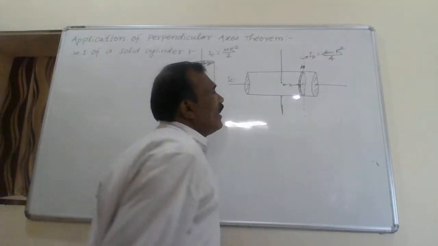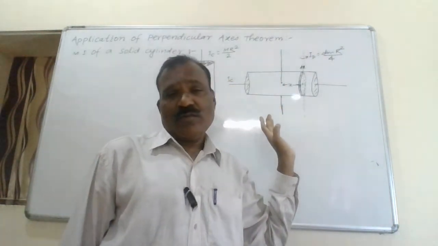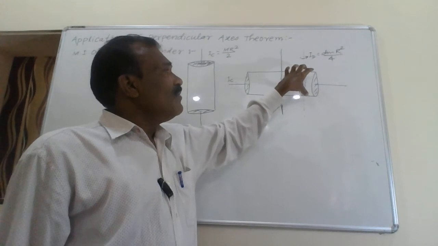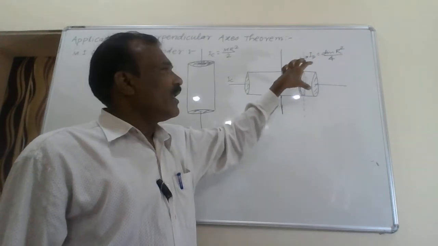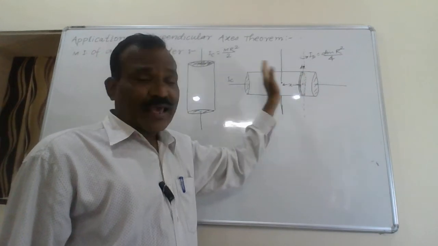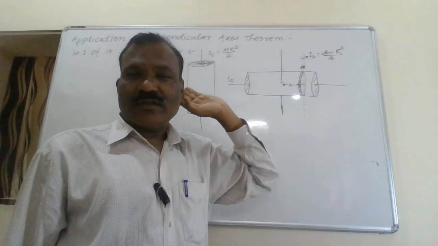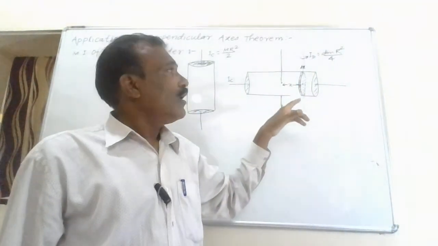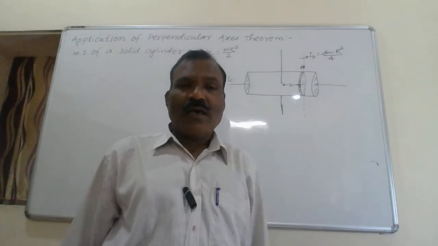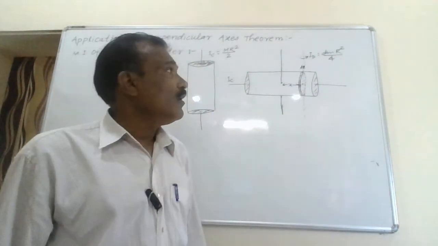Okay, so ID is equal to dm into r square divided by 4. So this is the moment of inertia of this elemental disc at a distance of x from our axis, having the thickness dx, and we have to find the moment of inertia of this complete cylinder now from that.